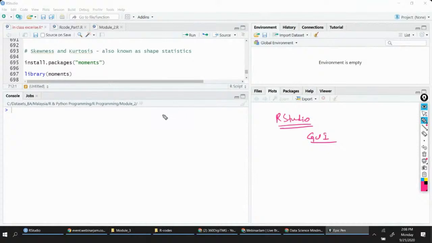We discussed RStudio, the panes and all that. Then we discussed variables. Variables are nothing but memory items. We use standard format or properties to define the variables. We learned that variables cannot have numbers at the beginning.